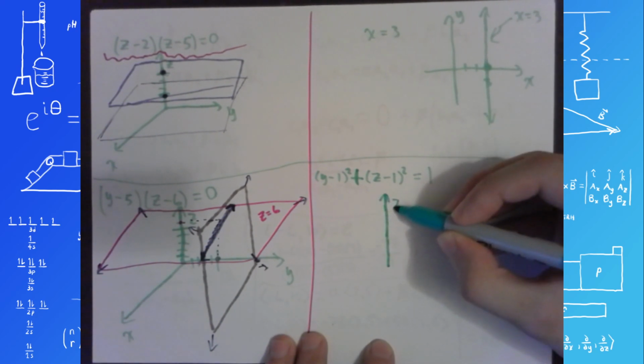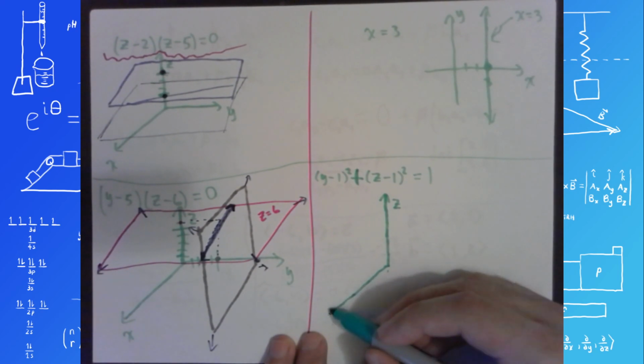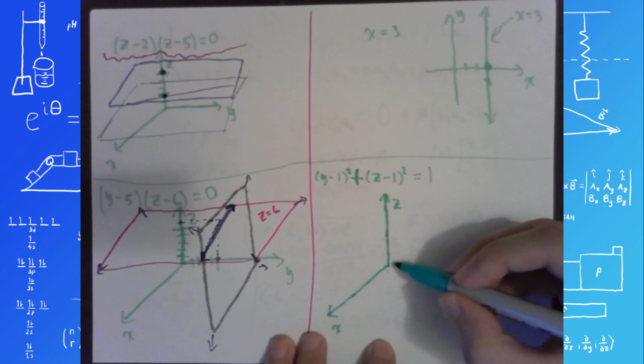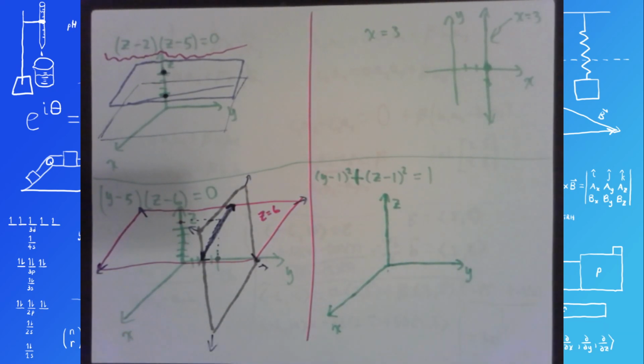There we go, z, x, and y. And here I thought I'd be doing vector stuff. I mean, we'll probably end up doing that later.